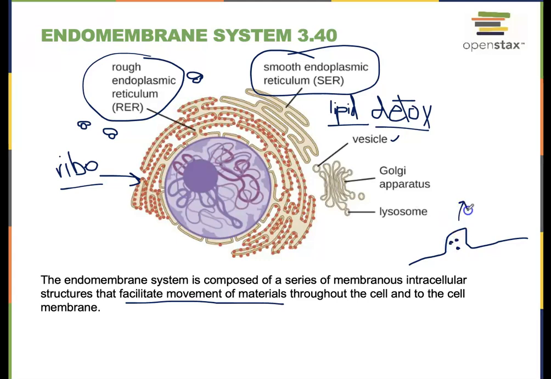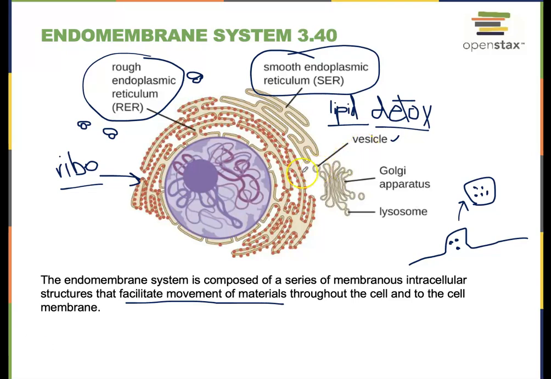And then eventually this outpocketing would bud off to form a free membrane-bound structure, which is called a vesicle. And these guys are moved around the cell. They don't float. They're physically carried from one area to another by the cytoskeleton.